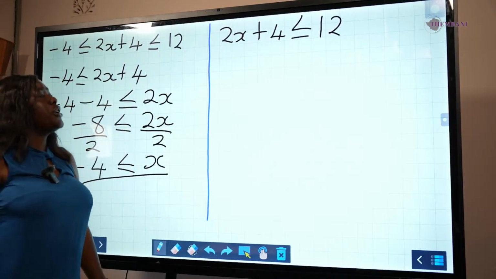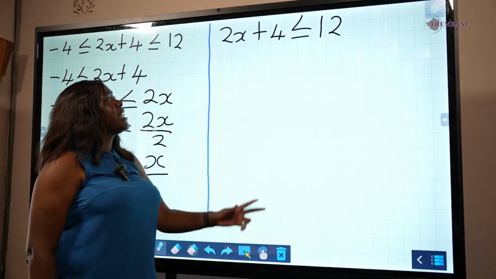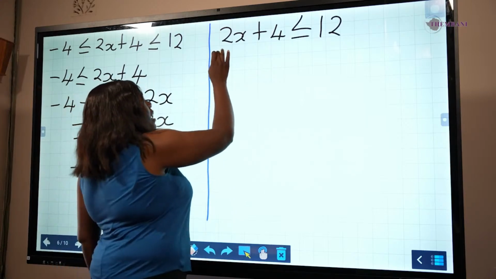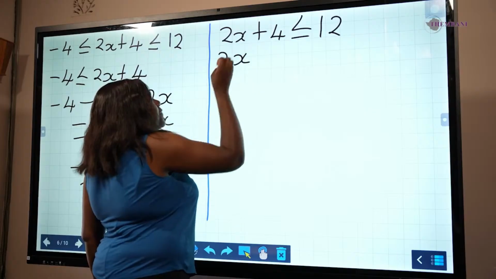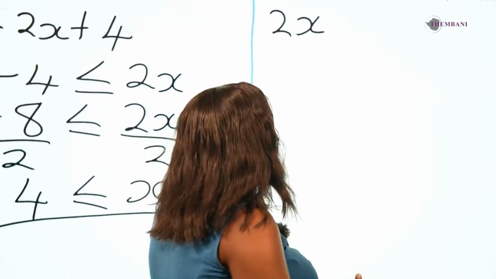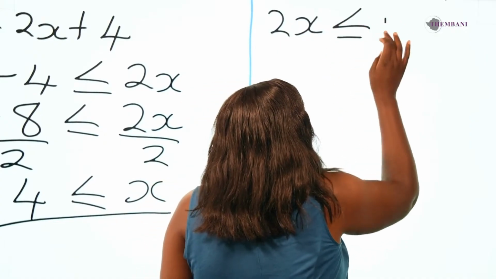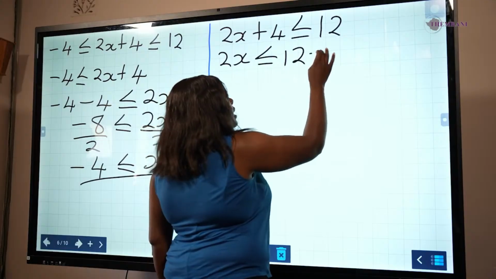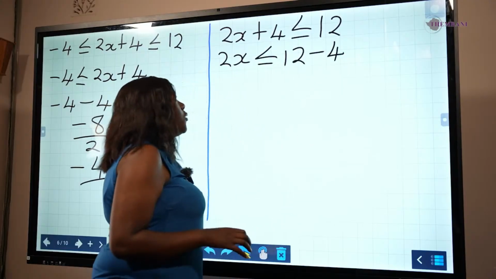So from there, I'm going to group like and unlike terms, which means I'm moving my 4 to that side. So it becomes 2x plus 4 this side. If it crosses the inequality sign, it becomes a negative 4. So I put my inequality sign and the 12 that I already have. Then this 4, if it moves to that side, it becomes a negative 4.